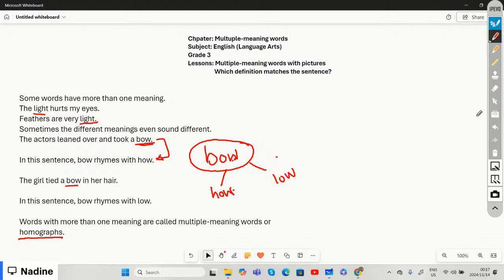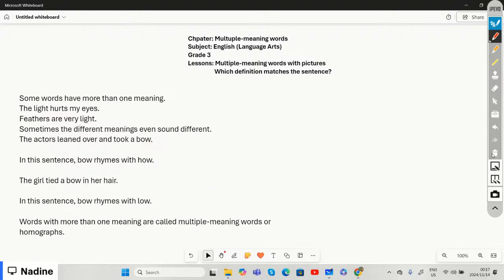If we look at examples of homographs, think of a bat. Look at the word bat. What are the two meanings that you know of a bat?